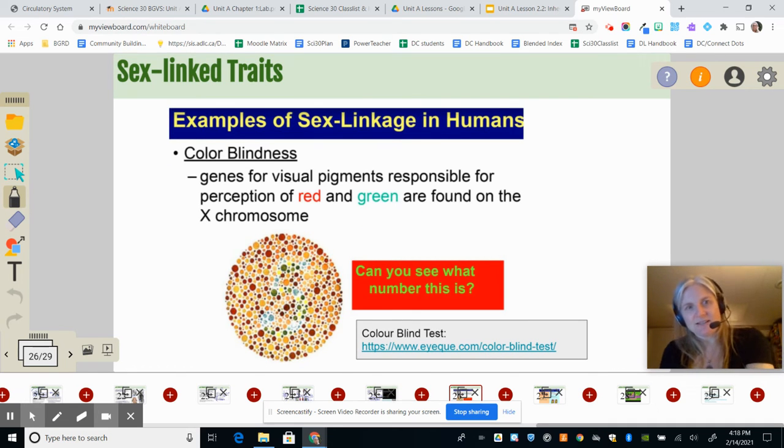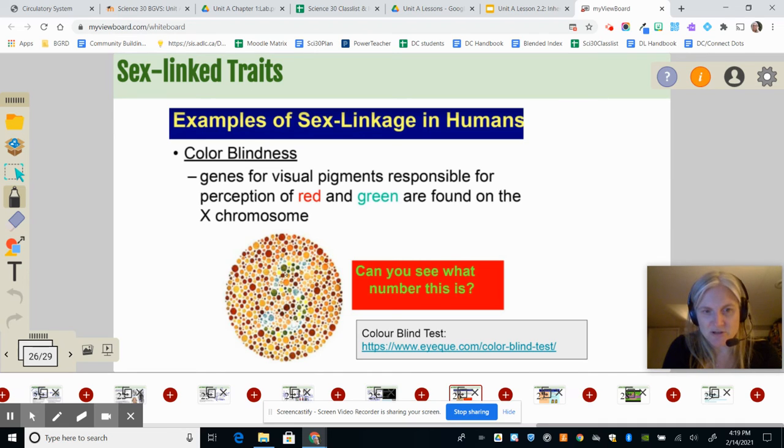Another example of a sex-linked trait that you'll come across in some of the problems is color blindness. These are genes for pigments responsible for perceiving red and green color, and they are found on the X chromosome. Because it's a sex-linked trait, it tends to be more common for men to have color blindness than women.